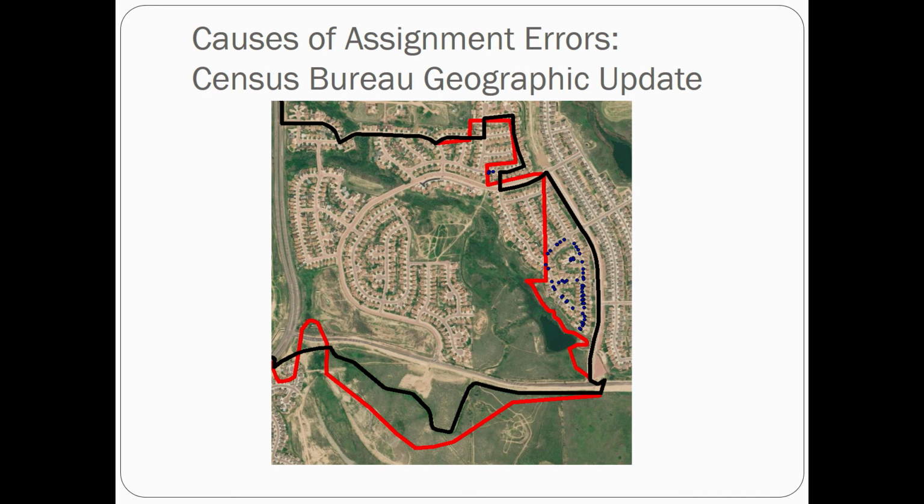In this particular case, these are the original census block boundaries in red, and these updated ones are in black. And between the time of this update, there was a redistricting, and this district boundary line here, which was defined in census geography, shifted.